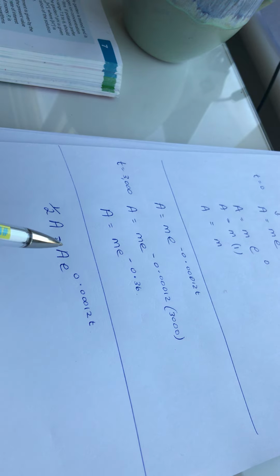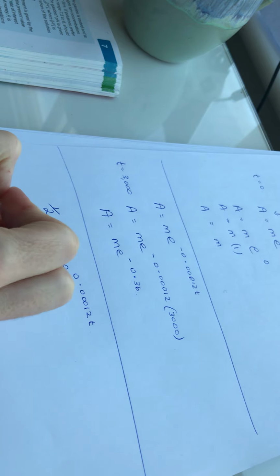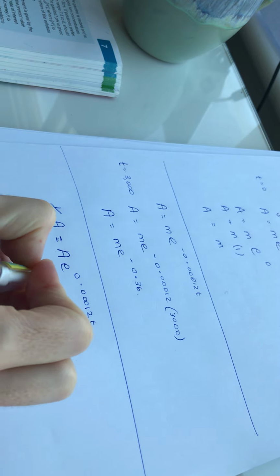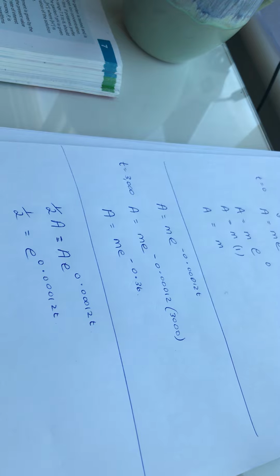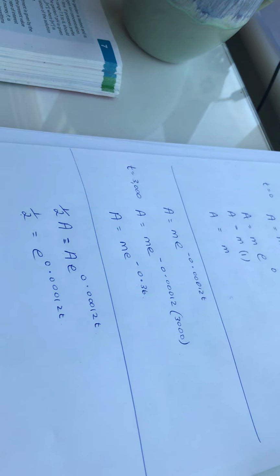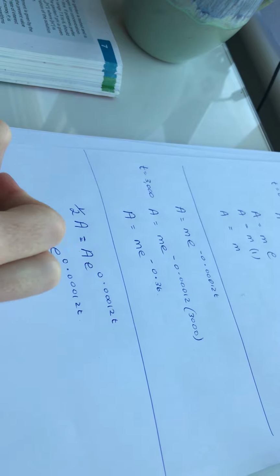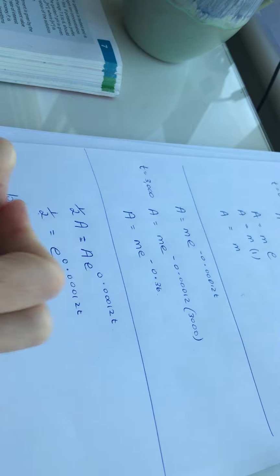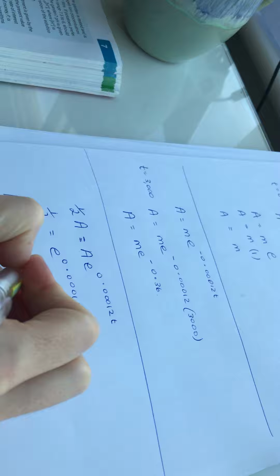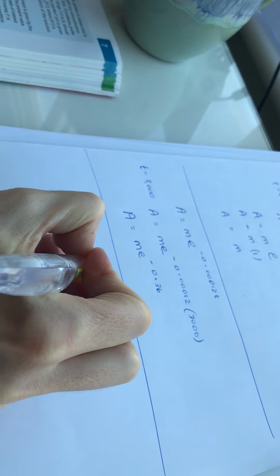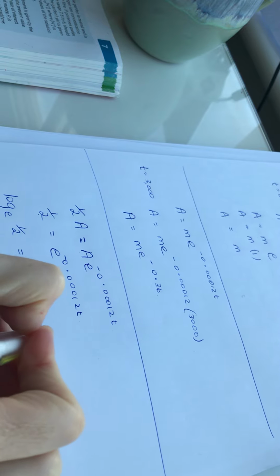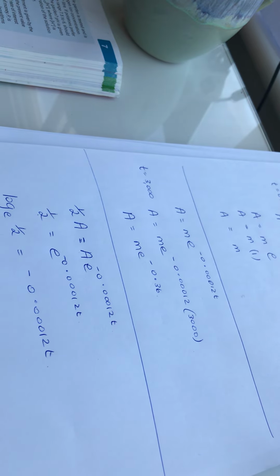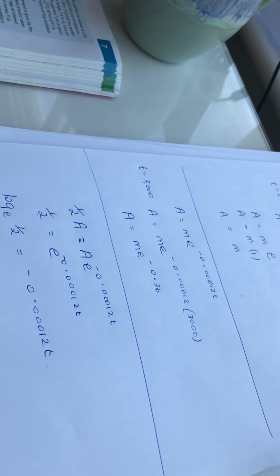Okay, so now we need to start working this out. I'm going to divide both sides by A. I end up with a half is equal to e to the power of minus 0.000121 t. I'm going to get into log format. Maybe you prefer to have that written as 0.5, that's fine. So we have log base e of a half is equal to minus 0.000121 t. So what is log base e of a half?